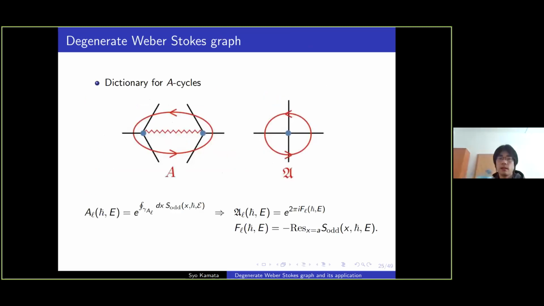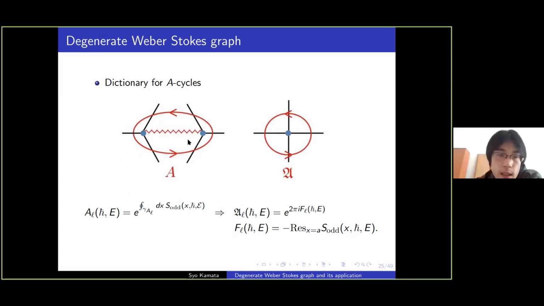So from now, we would like to make this dictionary. First of all, consider a cycle. Here, this is a cycle of the ARA type. This ARA Stokes graph has 2 turning points.